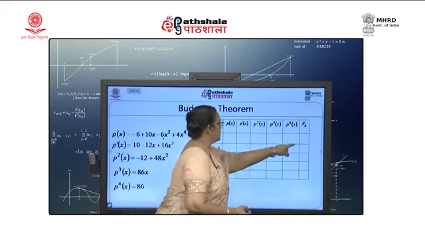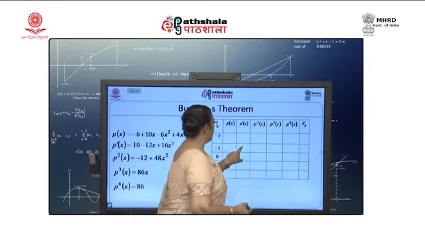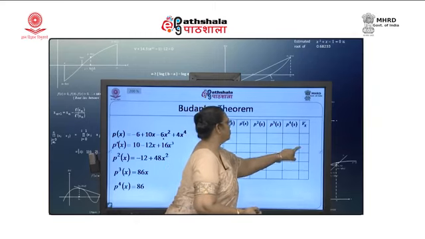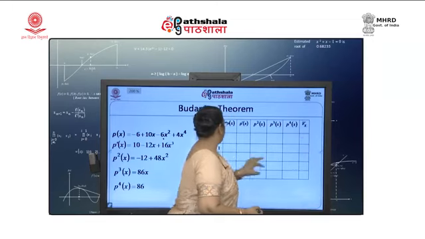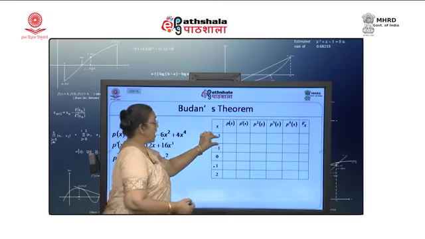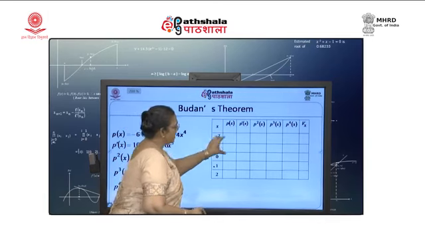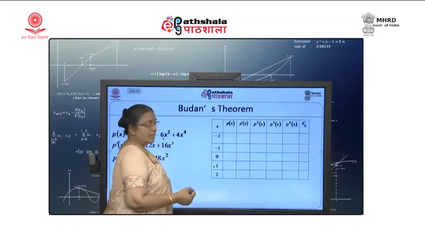Same way, v of minus 1 will give us the changes in sign from p minus 1, derivative at minus 1, second, third, fourth, and the absolute value of the difference v minus 2 minus v minus 1 will give us the number of roots which lie in the interval minus 2 to minus 1, and so on. Let us fill the table and calculate the number of roots which may lie.